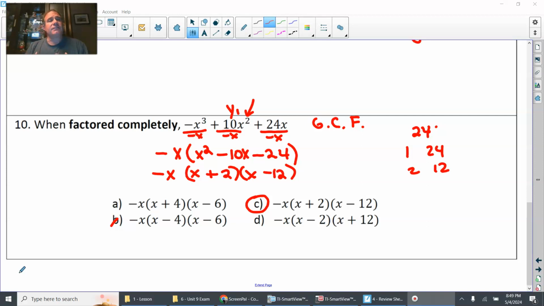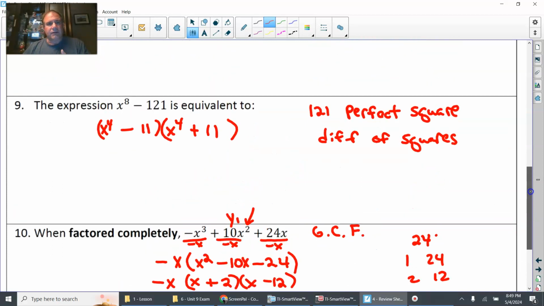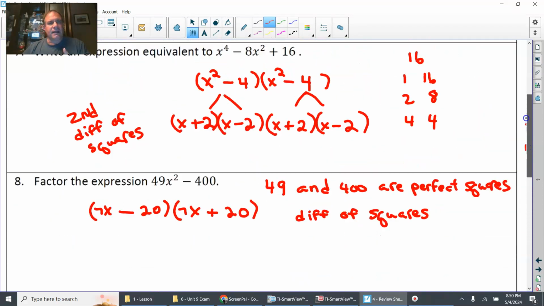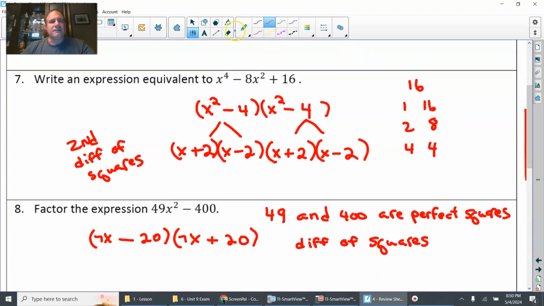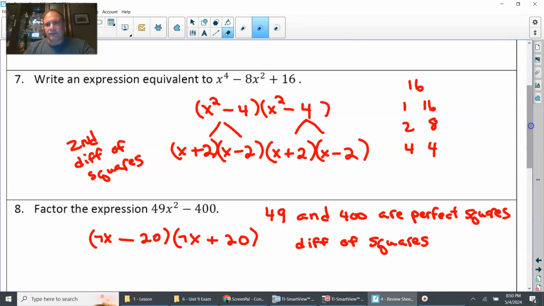Usually, when you factor completely, that means that you're taking out a greatest common factor, like this one, and then you have a trinomial in the middle, or you have something like the difference of squares in parentheses, and you have to factor that out, just like I did here. You factor it once, then you factor it again. And then you will get your final answer.